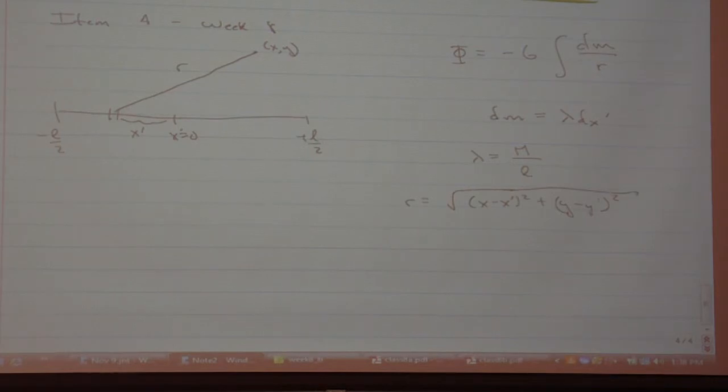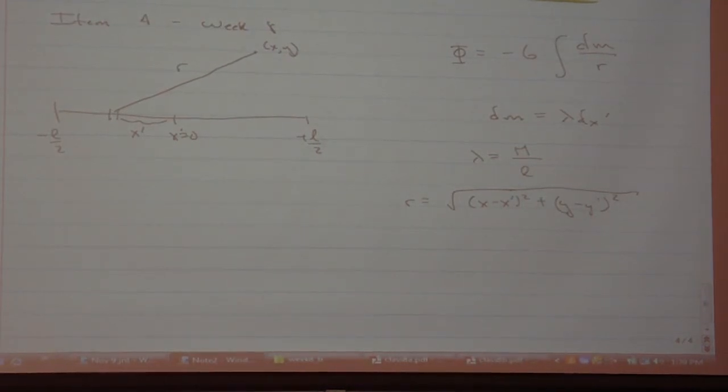You can always write r that way. Where is the bar? It's along the x-axis, which means y prime is equal to 0. And the bar is located between x prime equals minus L over 2 and x prime equals plus L over 2.